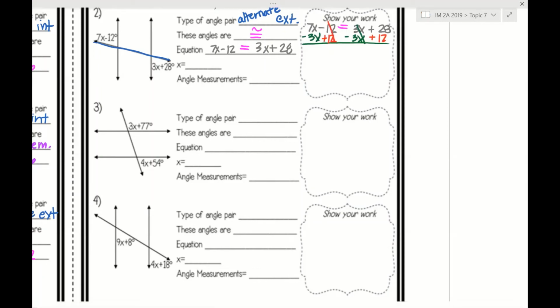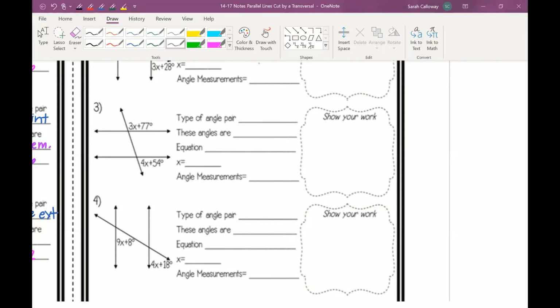So doing that, we have 7x minus 3x, so there's 4x, equals 28 plus 12, so 8 plus 2 is 10, and that means we have 40. So then this equation tells us that if I divide by 4, x is 10.